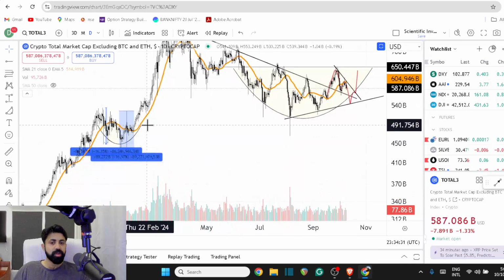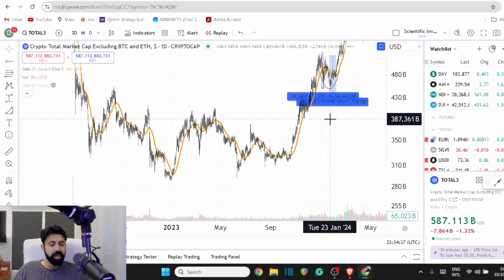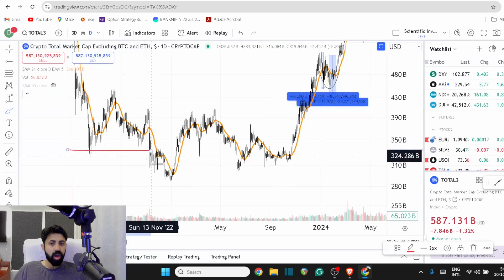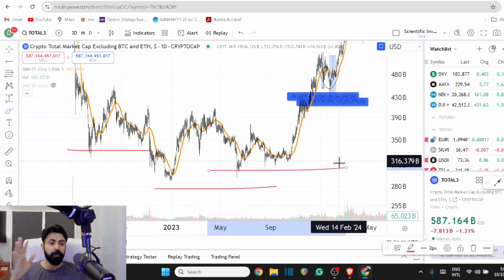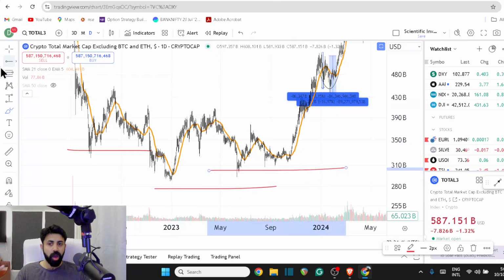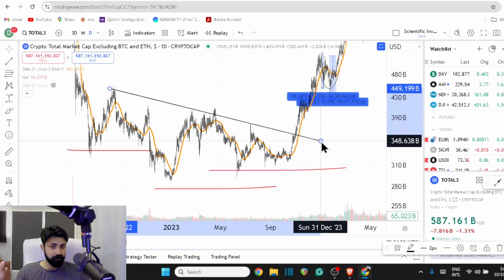They did a rounded bottom and they went higher. So you go back in history and you're like, okay, each and every time we're making some kind of a reversal structure, not the absolute textbook pattern, but they are forming different shapes which you can identify.